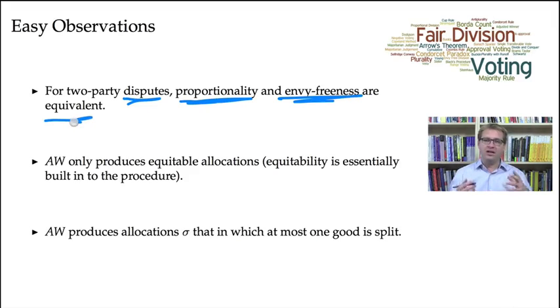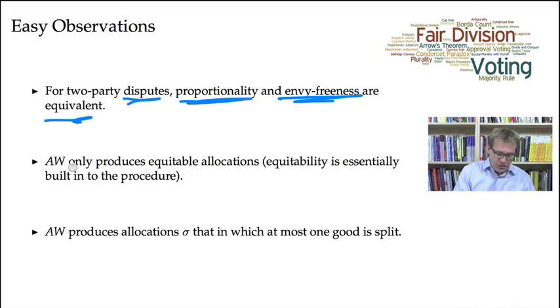Proportionality in a two-party dispute means that, according to my own valuation, I feel as if I received at least 50% of my valuation of the overall set of goods. But if I feel like I've received more than 50%, then necessarily it has to seem, according to me, that my opponent received less than 50%. So for two-party disputes, proportionality and envy-freeness are equivalent.